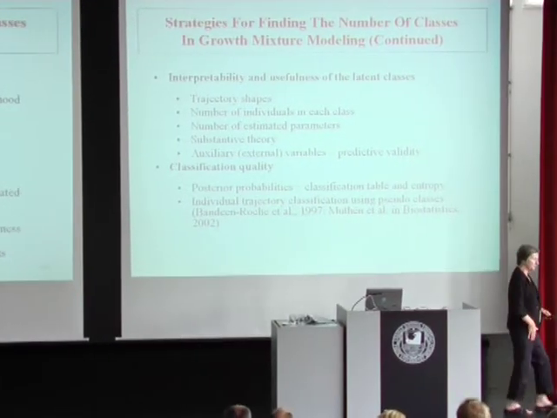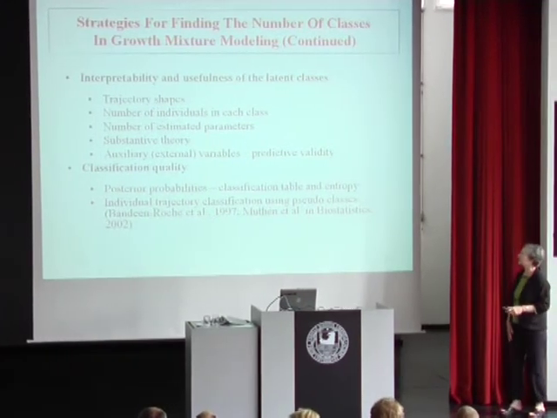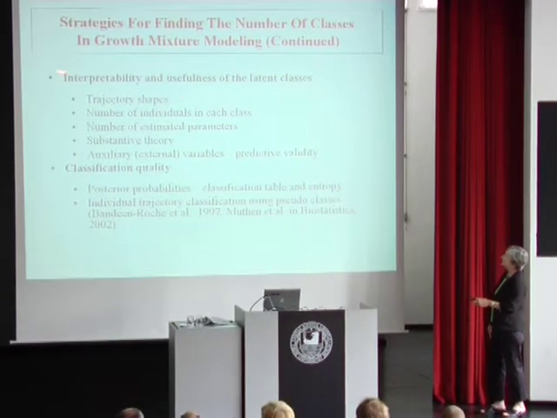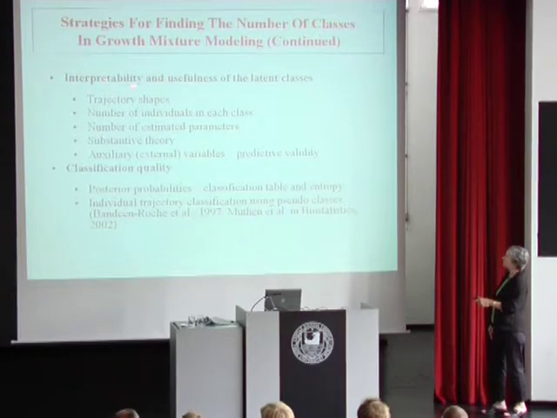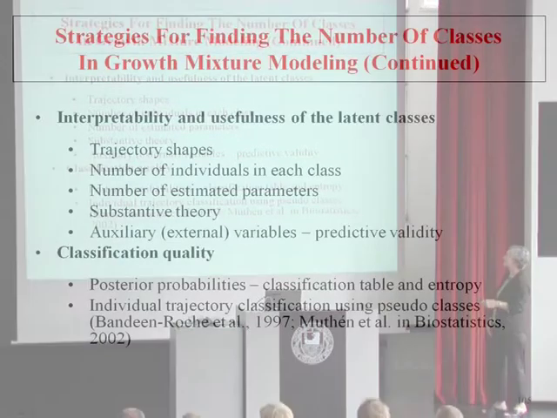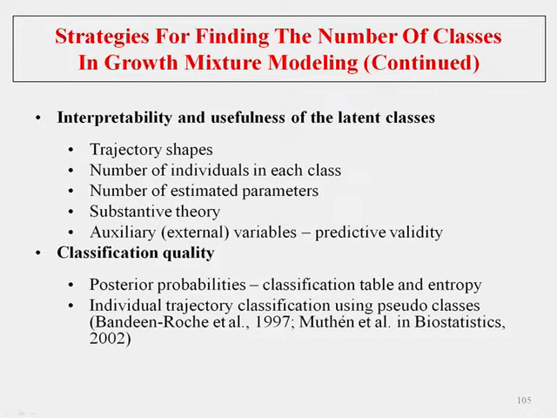And as we have discussed over these last 2 days now, for the interpretability and usefulness of the latent classes, we have to consider theory to really determine whether or not they're meaningful. So we look at the shapes and we see whether they make sense. And we look at the number of individuals in each class.